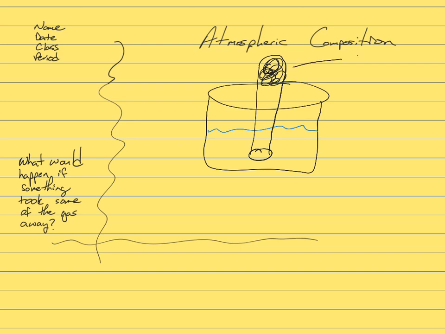Steel wool has iron and carbon. It's an alloy of iron and carbon. Iron is one of these elements, and Fe is the symbol for iron. Now, the iron will become important in a minute.